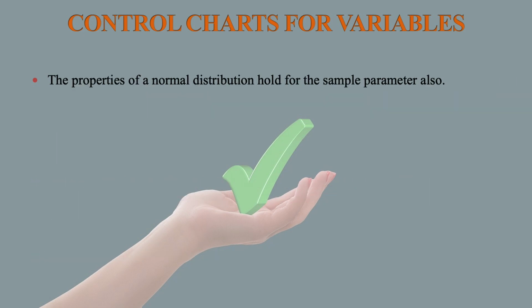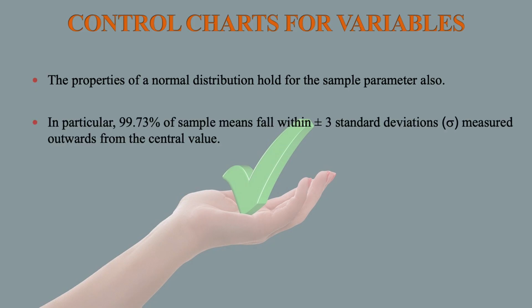The properties of a normal distribution hold for the sample parameter also. In particular, 99.73% of sample means fall within plus minus 3 standard deviations measured outward from the central value. These plus minus 3 sigma lines define the control limits in the control chart.